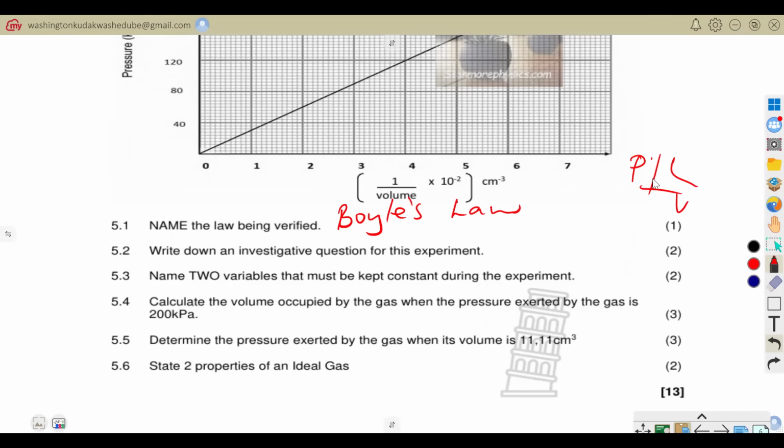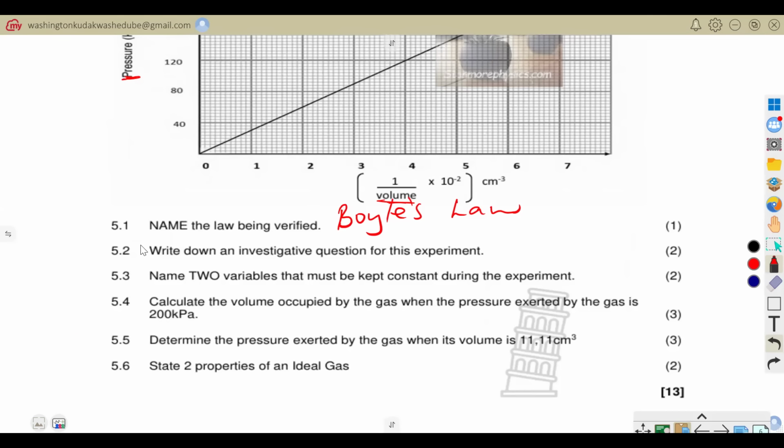Meaning as my pressure is increasing, my volume is decreasing. So for me to know that, I would have asked myself, what is the relationship between pressure and volume when we have something constant?